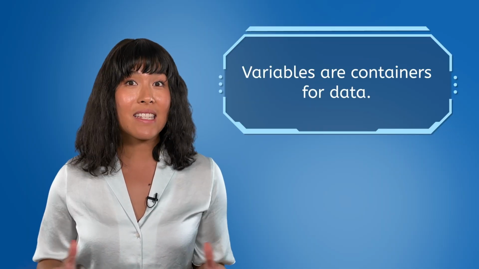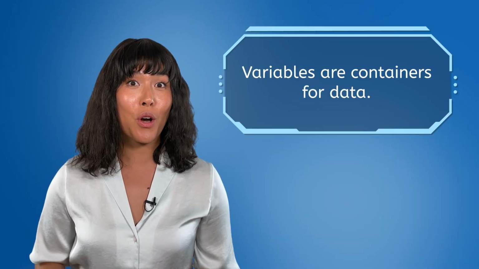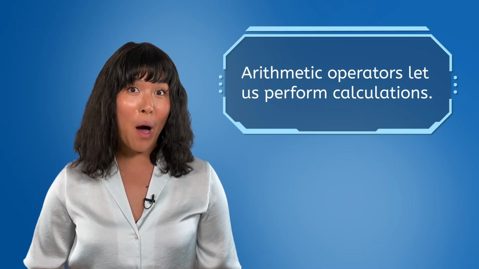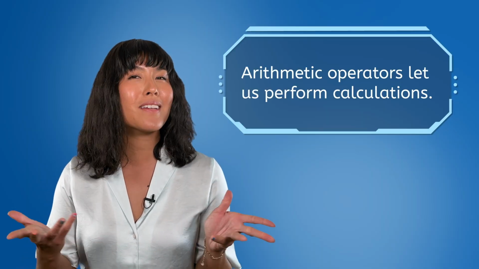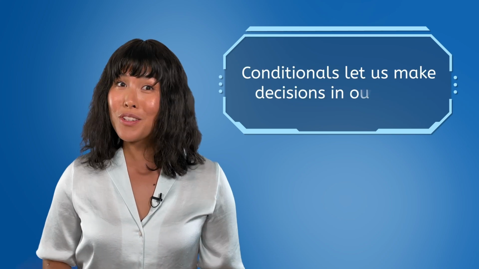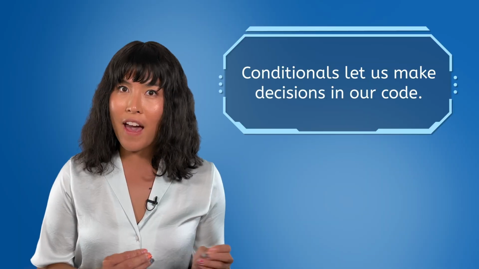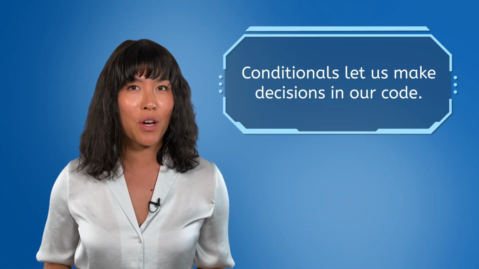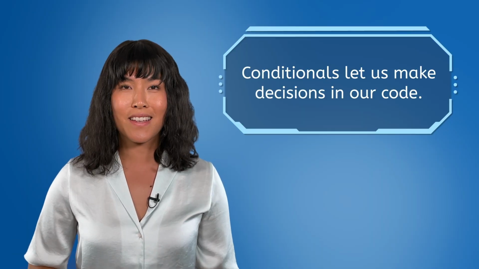Variables act as the containers of our data, providing a dynamic foundation for our code to operate upon. We've discussed arithmetic operators, the building blocks of mathematical operations, allowing us to perform calculations with precision and ease. Conditional statements, from simple if statements to nested if, elif, else constructs, enable us to make decisions in our code, much like adjusting oven temperatures based on baking conditions.